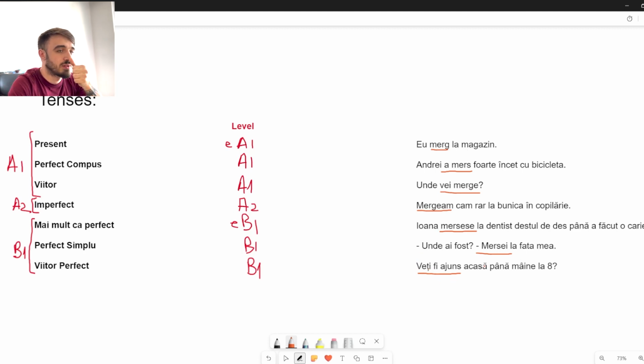So, will you have arrived at home until tomorrow at 8? Boom, that's it. Those are the tenses in Romanian. This is the timeline that you should follow, and how difficult they are to learn.